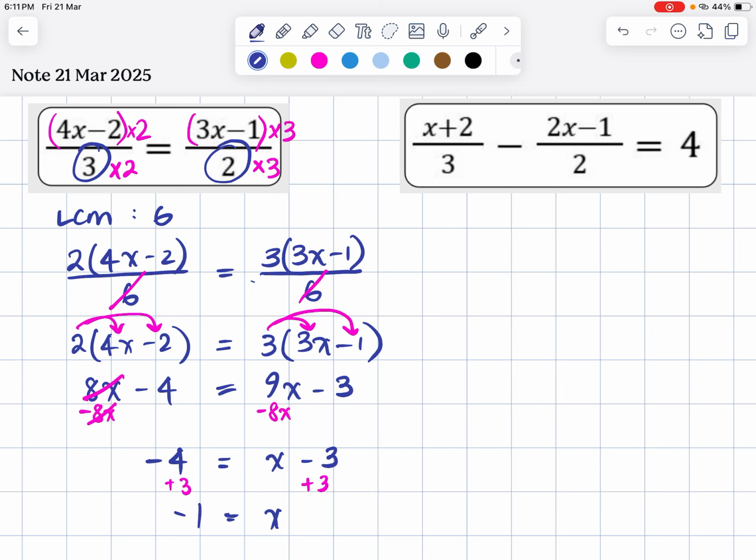So to recap, what did we do? Number 1, we got a common denominator. Step 2, we expanded the brackets and collect like terms.